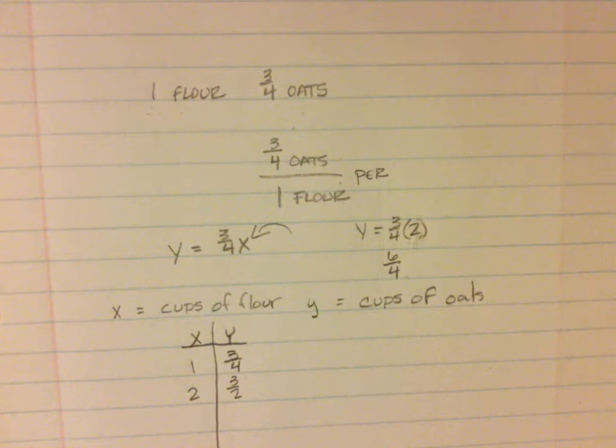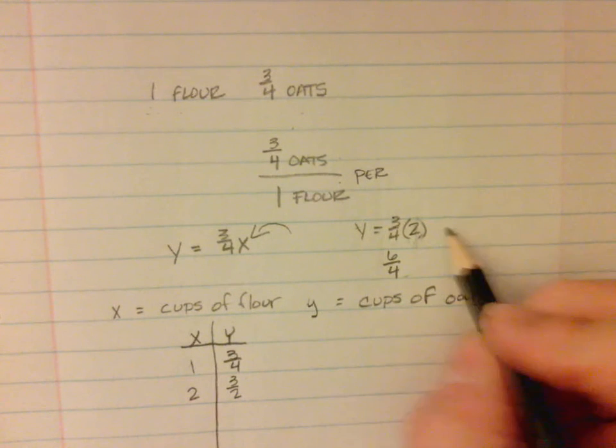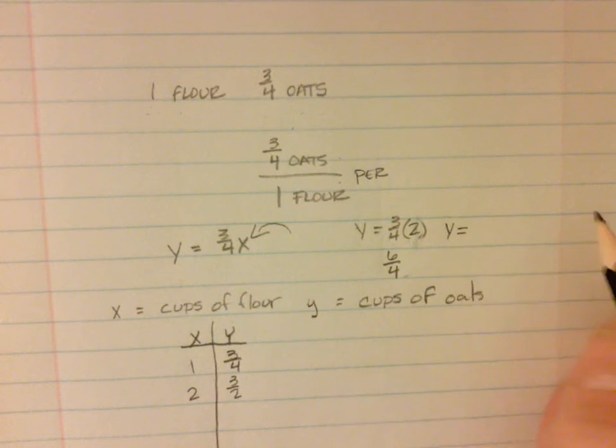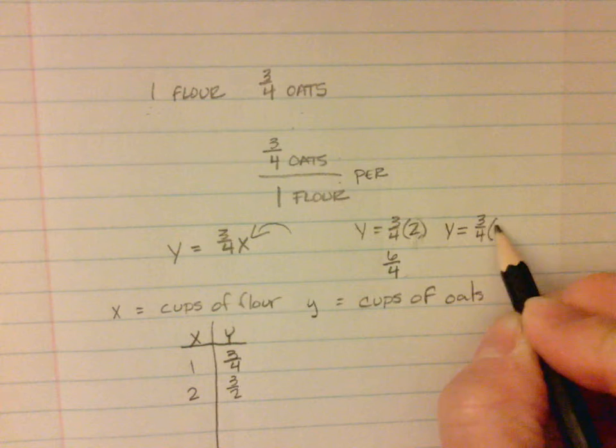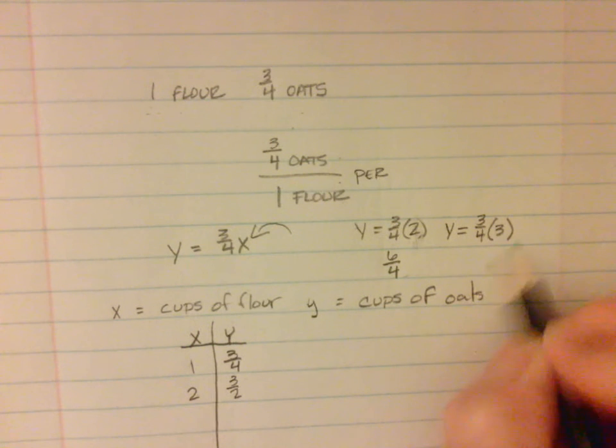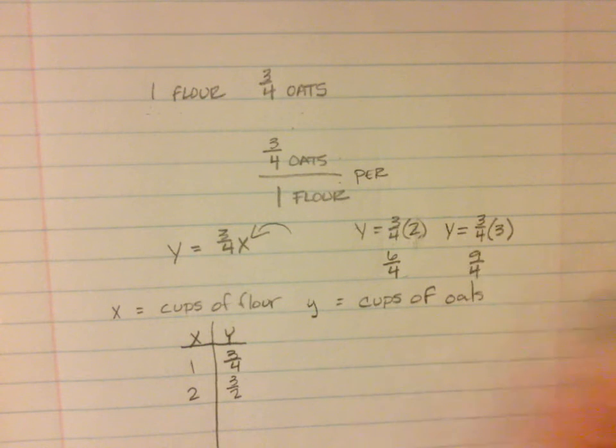And let's go ahead and figure out how many cups of oats I would need if I used 3 cups of flour. And it looks like that's 9/4. So 3 cups of flour is 9/4 cups of oats. And if you really feel compelled to turn that into a proper fraction, that's 2 1/4 cups.